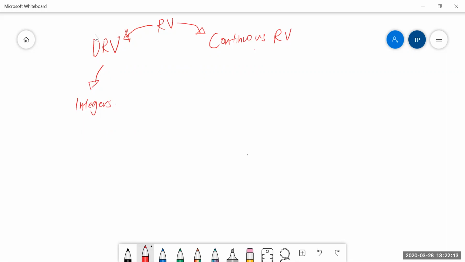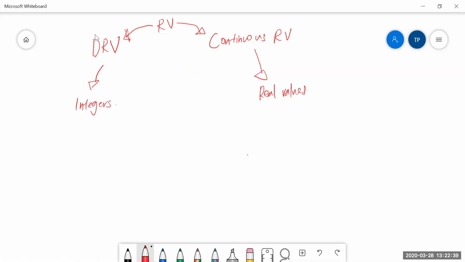For continuous random variable, it's all measured in real values, like amount of water drank, the length of your hair, the height of people in your class, the weight of the people in your school. Those are continuous random variables. So in discrete random variables, you are only measuring integers.